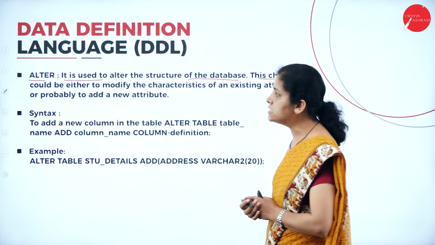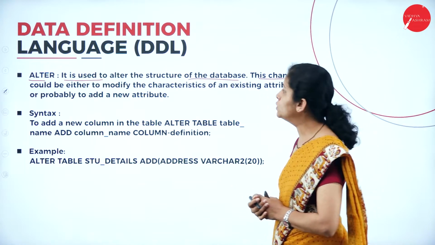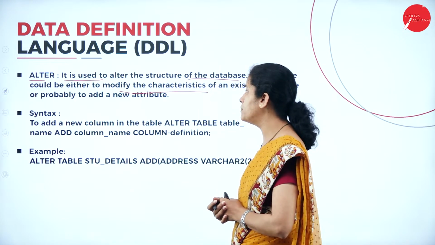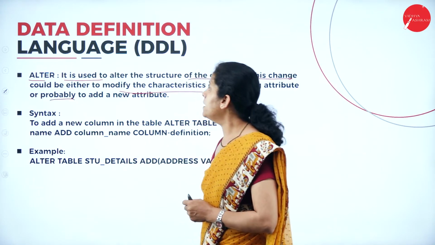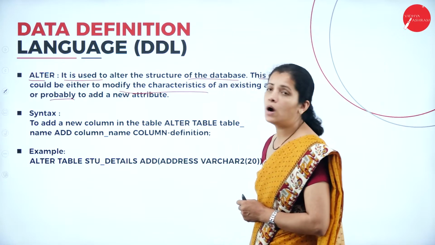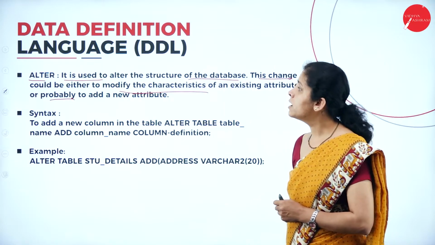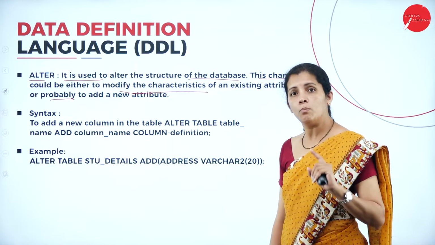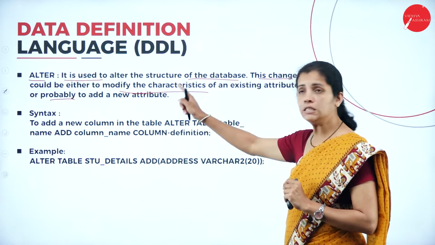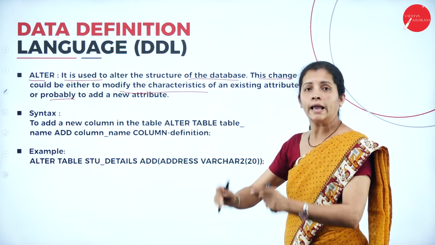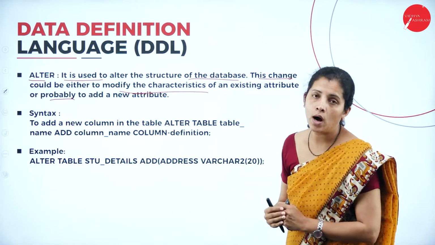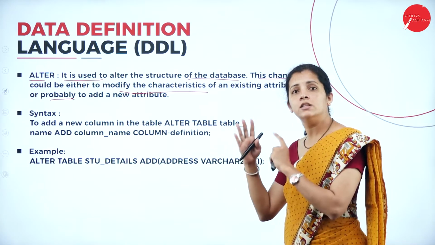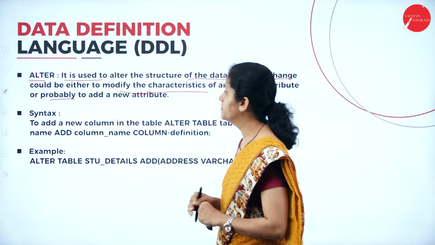These changes could be either to modify the characteristics of an existing attribute or to add a new attribute. That means by using the alter command, I can modify the existing table or add one more field, that is, add new attributes.